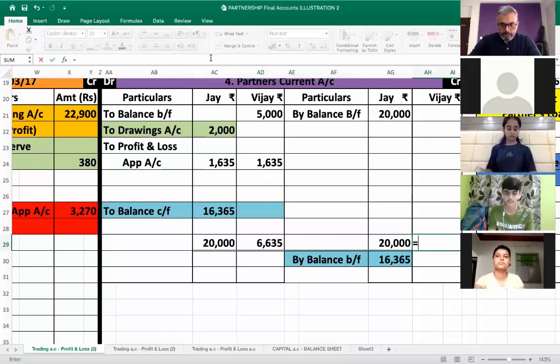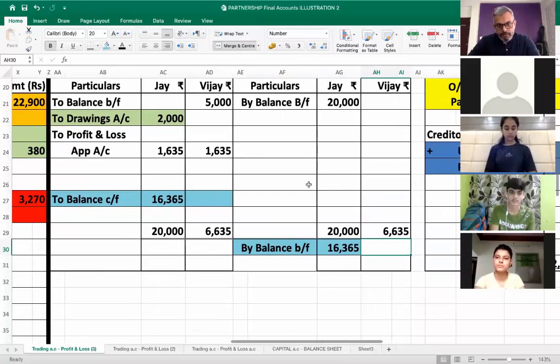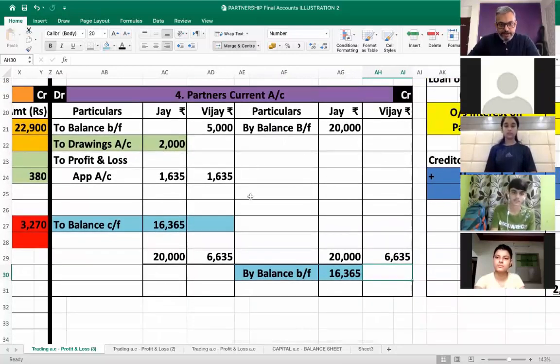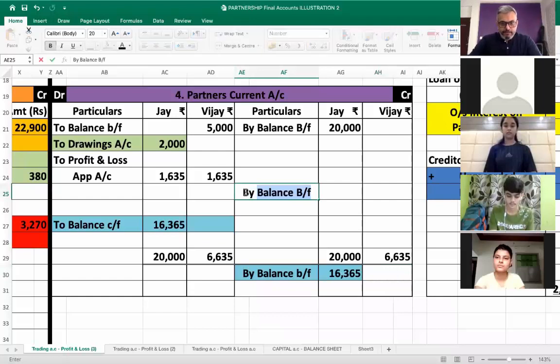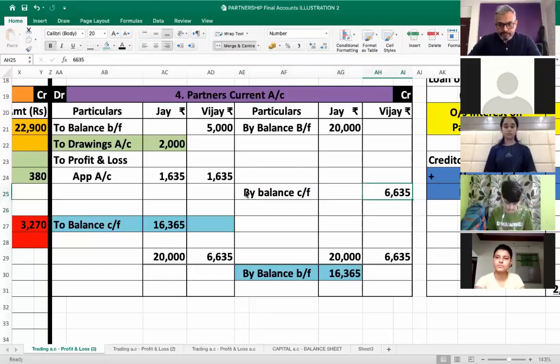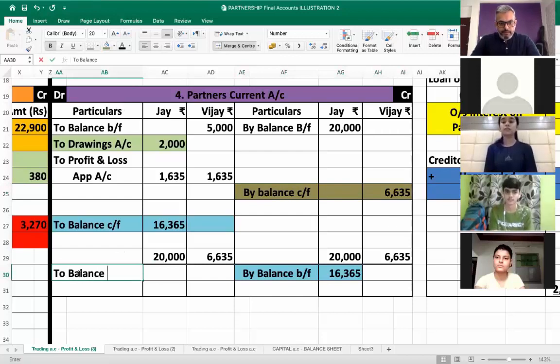Transfer it on the credit side. And we have nothing over here of Vijay. So directly balance. By balance carried forward, 6,635. Highlight this. Transfer it to balance brought forward.